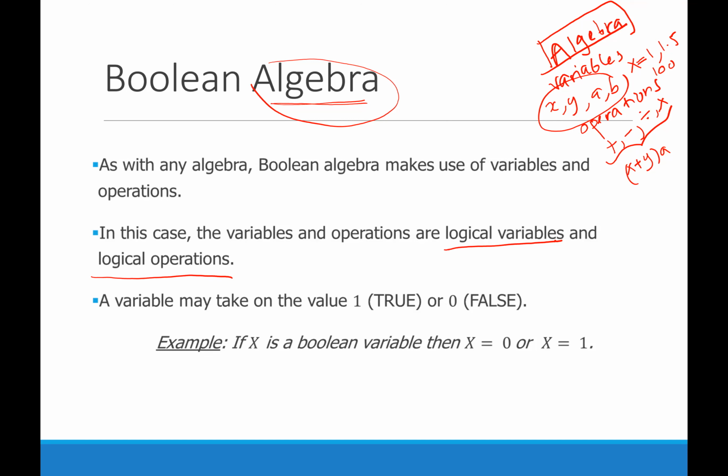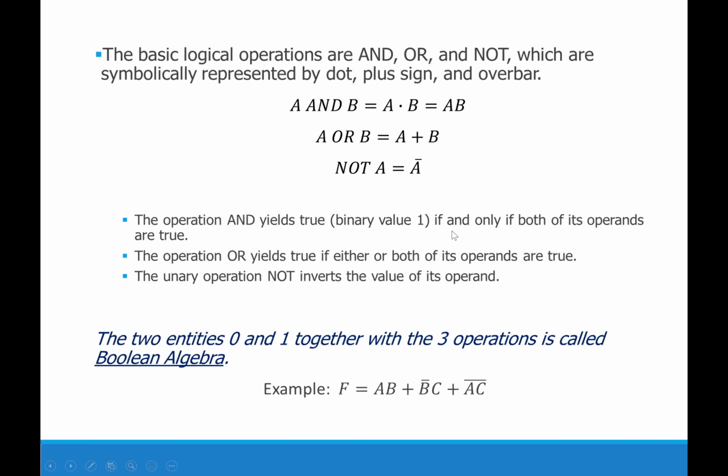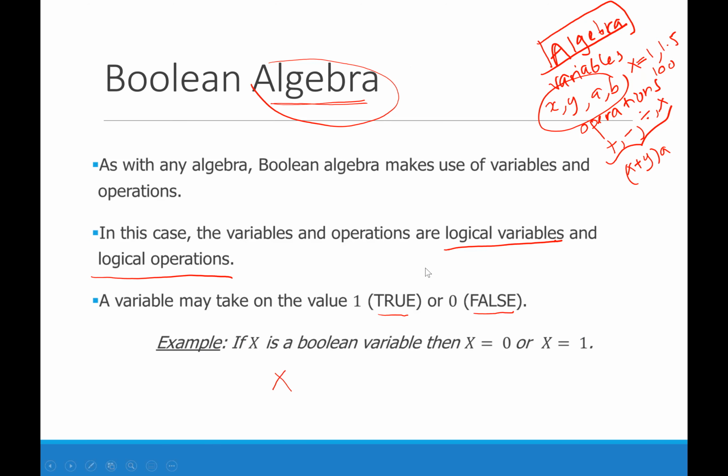By using 1, we represent the true value, and by using 0, we represent the false value. For example, if x is a Boolean variable, now x can be equal to 0 or x can be equal to 1.